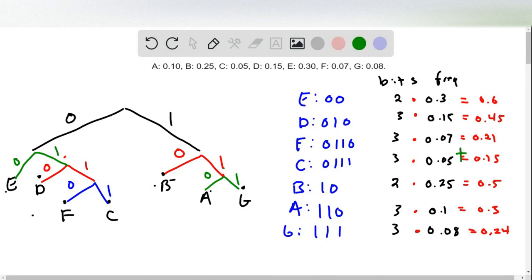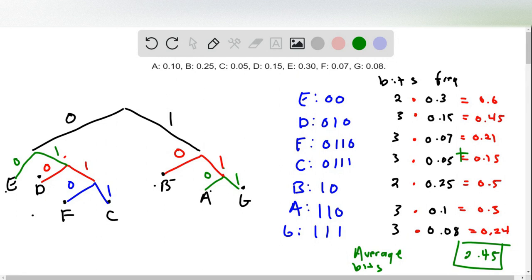And then lastly, we're going to add all these up. And if we add all that up, it looks like we get 2.45. So this here should be the average bits to code each of these letters here.